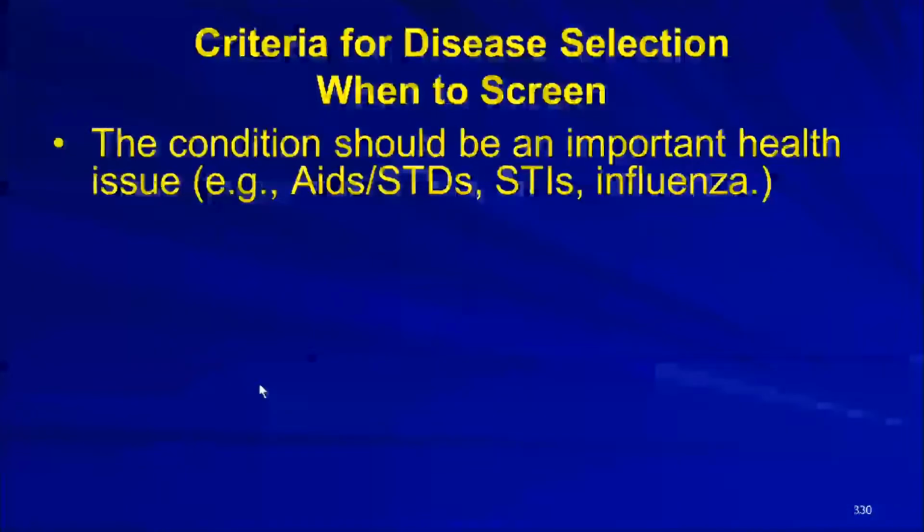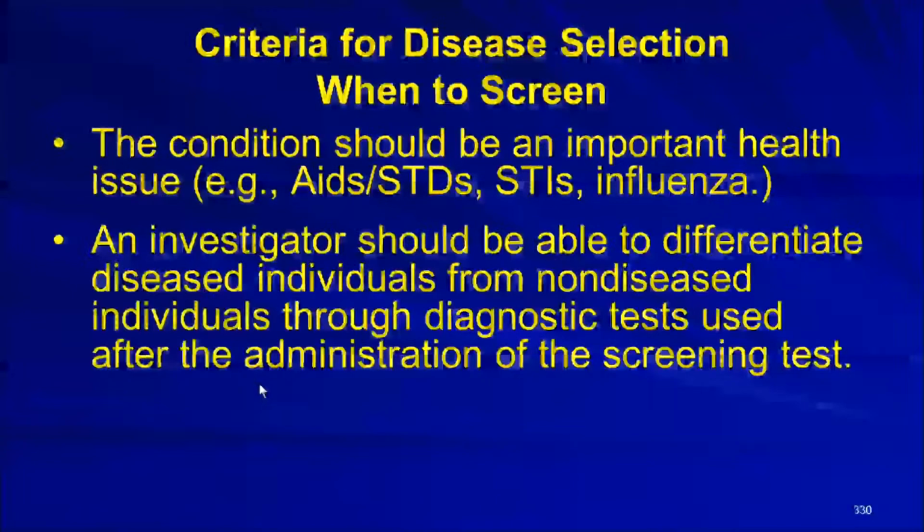Okay, the criteria for disease selection is as to when to screen. The condition should be an important health issue. We don't want to be screening for something that's not important or rare, that doesn't occur very often, because that adds to the expense, and we're going to have to screen a lot of people before we find anybody who tests positive.